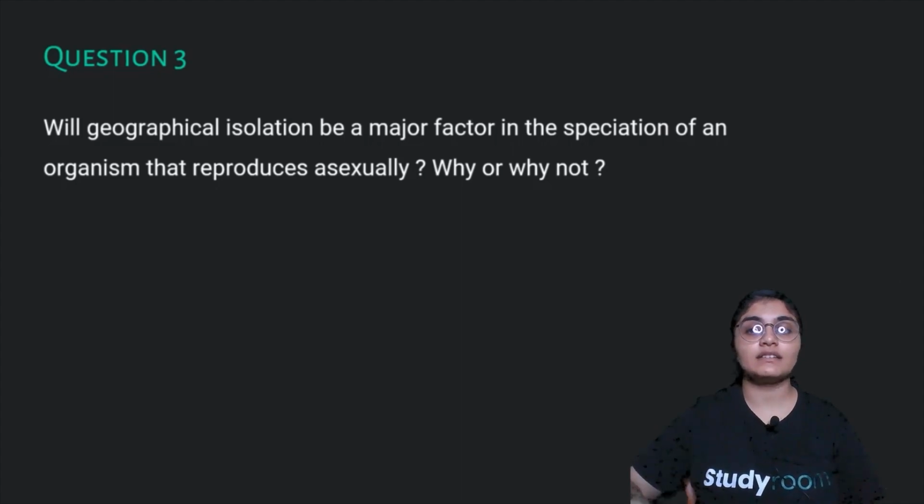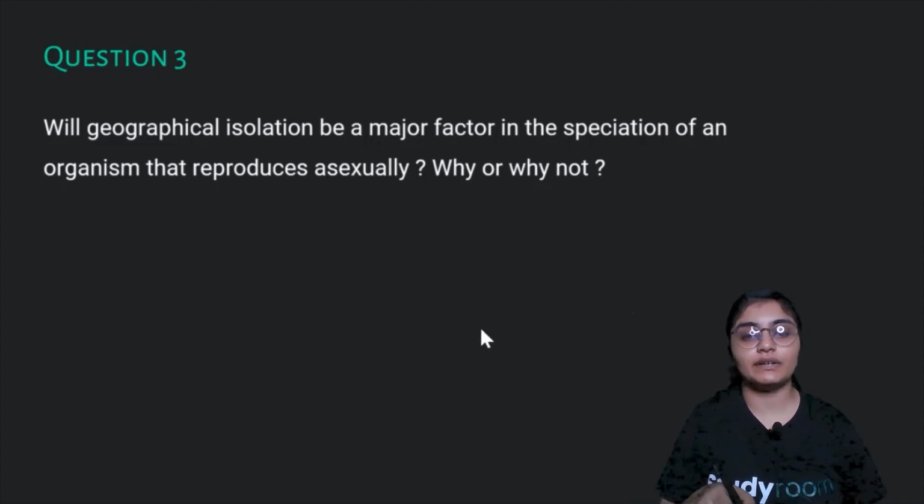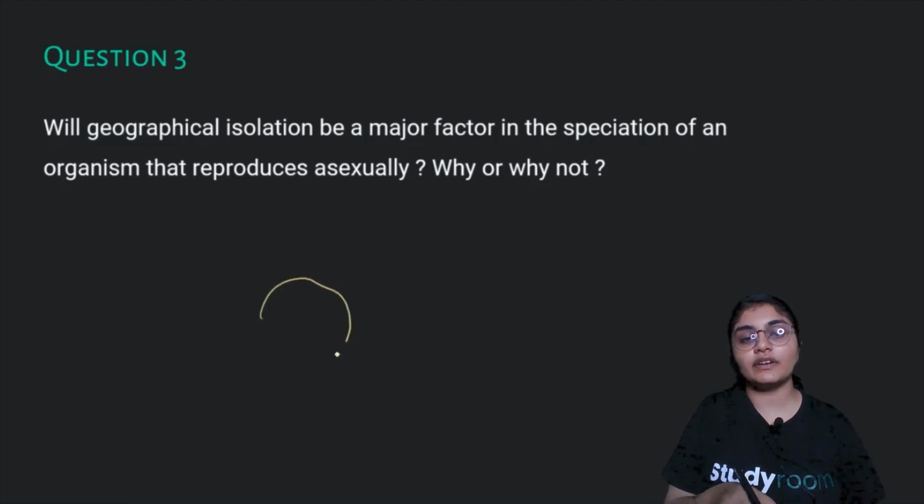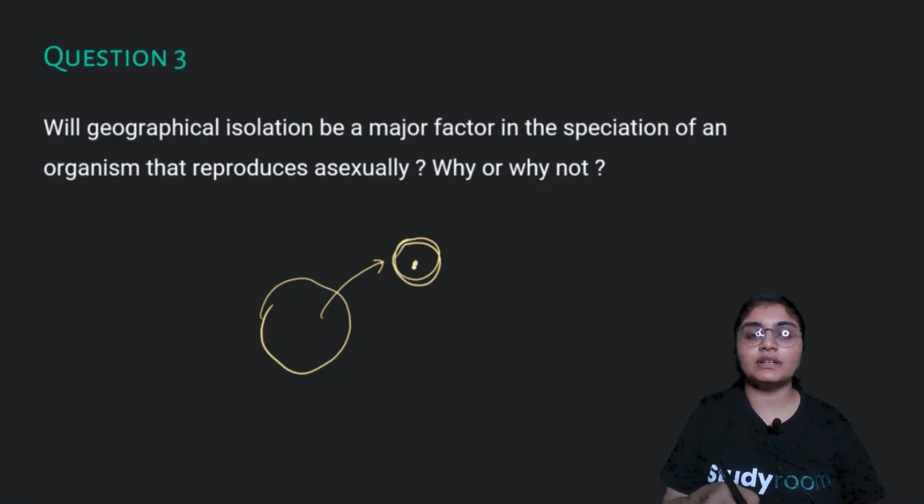Since it is self-dependent, if a population is isolated somewhere, the individuals of this species can reproduce on their own, so this kind of reproduction is not affected by geographical isolation.